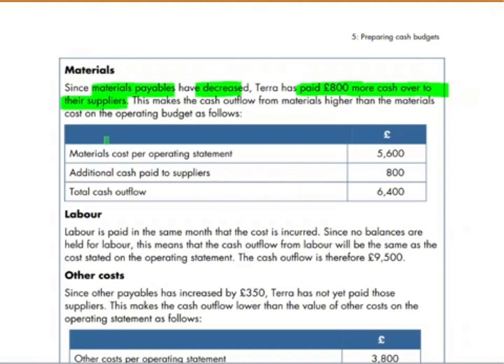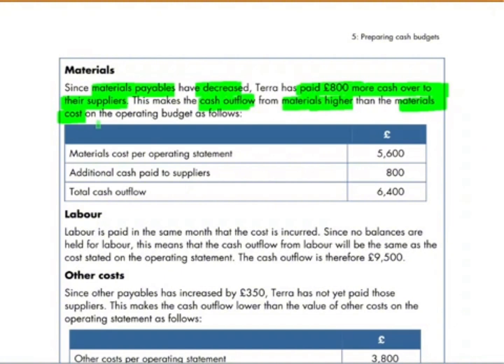So once again, appreciate who's got the money in this instance. It's not Terra that's got the money, it's the supplier. We have paid over £800 more. So that's going to make the cash outflow from materials higher than the materials cost on the operating budget.